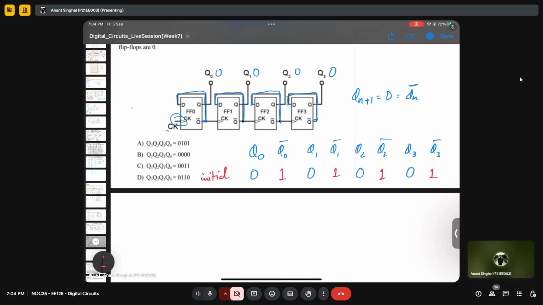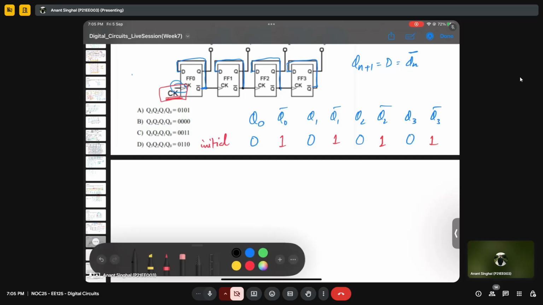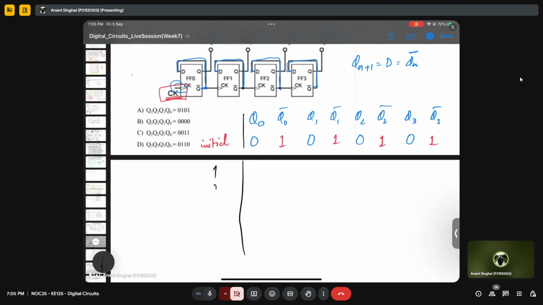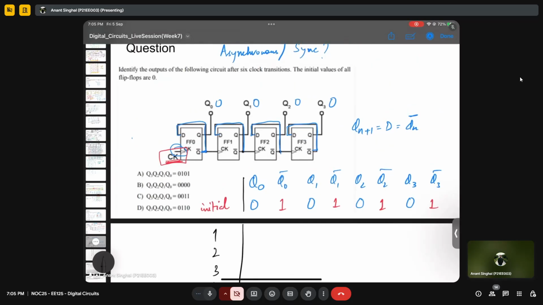So now you see the only clock that is correct is at the first flip flop, right? So the first, maybe I'll write something like this. Yeah. So let's say first, second, third, fourth, fifth, sixth. So the question is asking after 6, right?